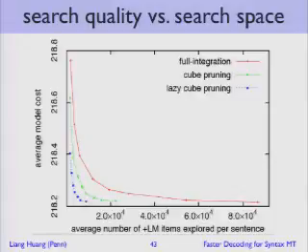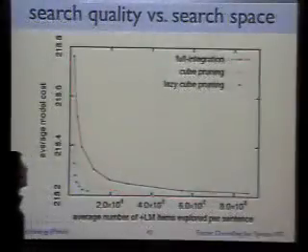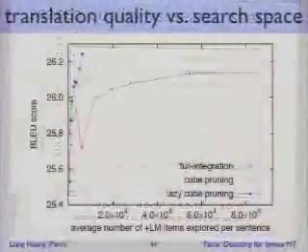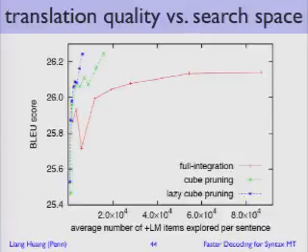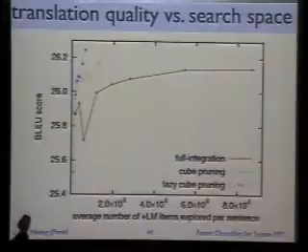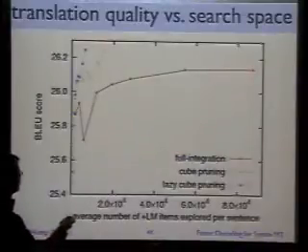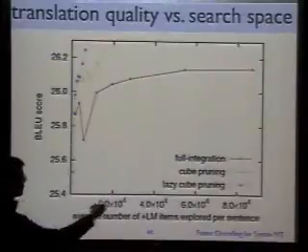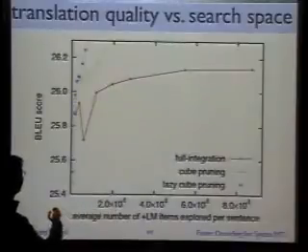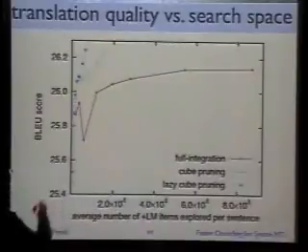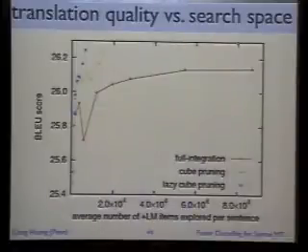Oh, I see. So you're going further down. If you compare these three dots, they're about the same quality. To let this one extend, there will be infinite time maybe here. That difference is only a few hundredths of a BLEU.